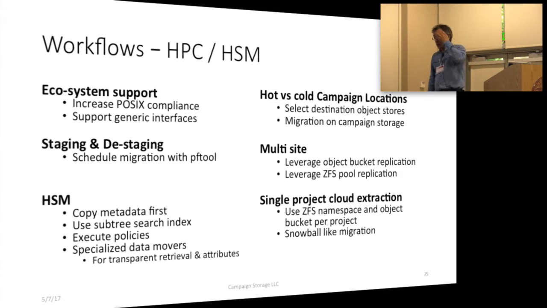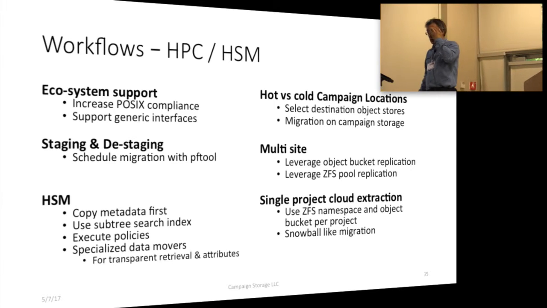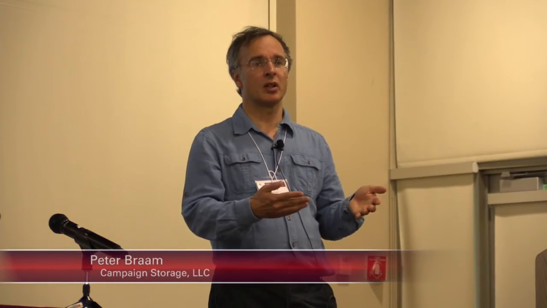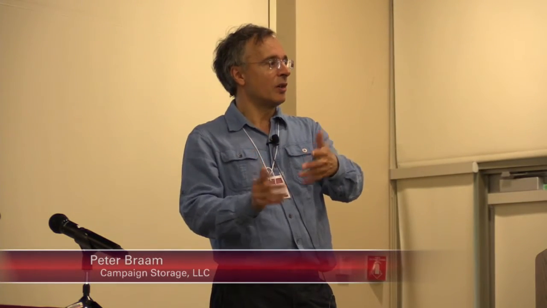Another interesting structure in object storage and in CFS are the containers, like buckets for objects and namespaces for the file system. I think that this is a great opportunity to bring organization to data. For example, why not store a user's home directory or a particular project in a bucket with its own namespace?